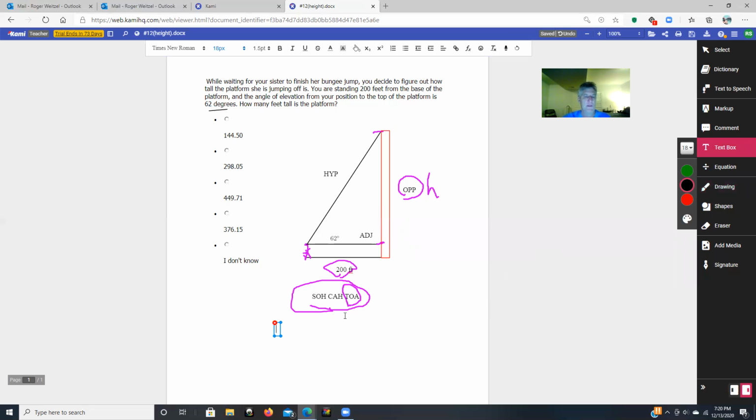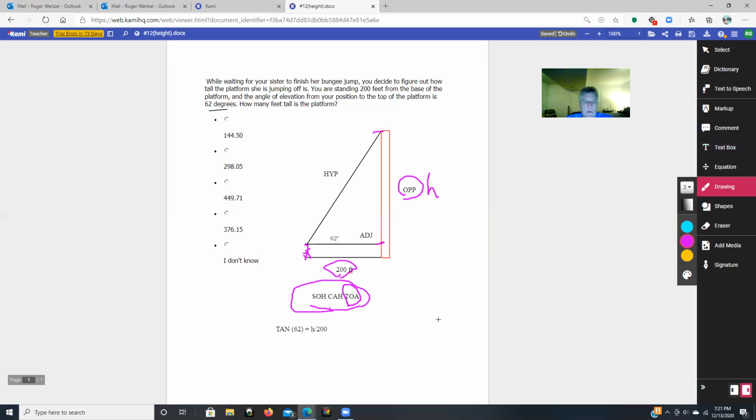So we are going to say tangent of 62 is equal to the height. Let's go back to the little letters here. The height divided by the adjacent, which is 200 feet. All right, we have a little algebraic expression. So what we're going to do is set this up so that we can cross multiply.